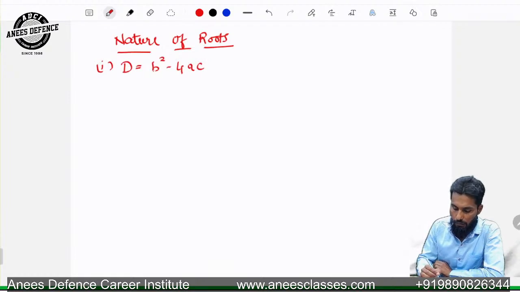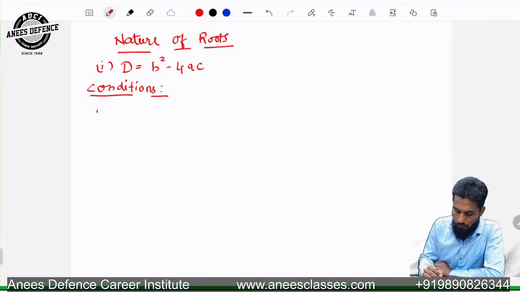The first one will be whether roots are real and distinct. So what is the condition for that? I'm writing the conditions one by one. First condition is if the discriminant value is greater than 0.